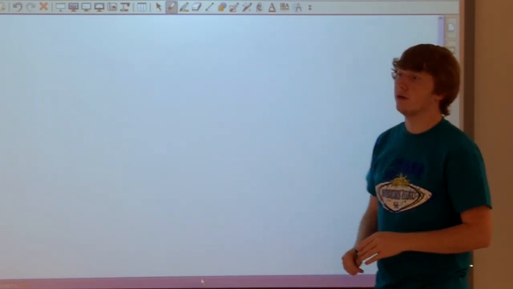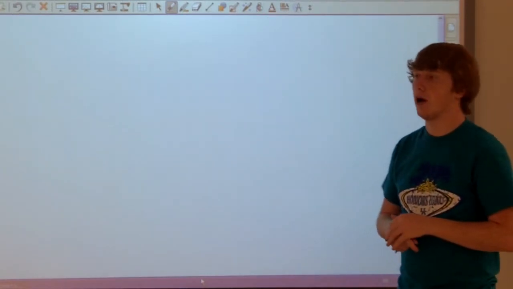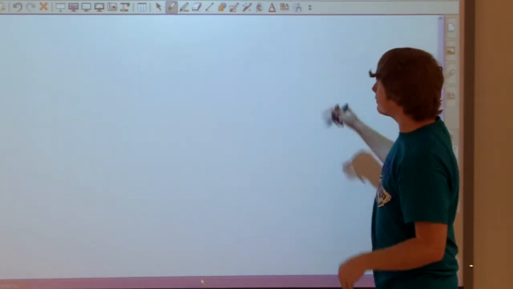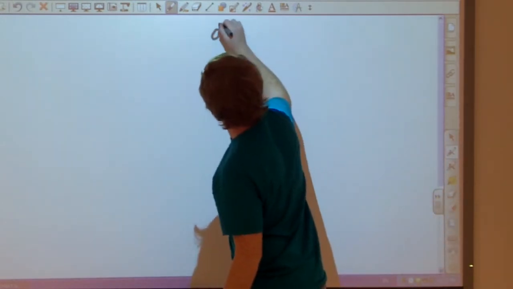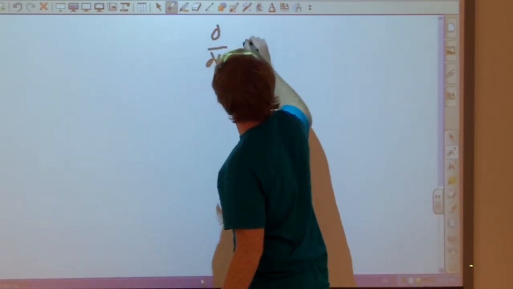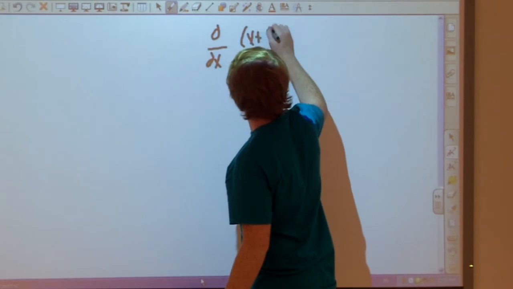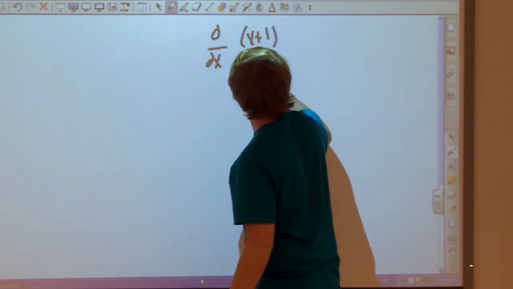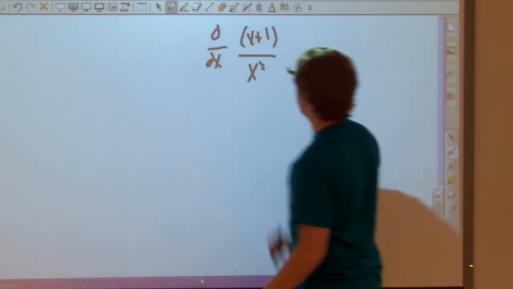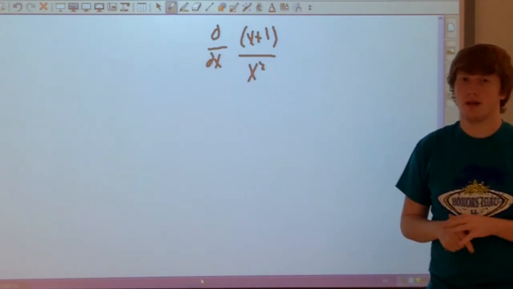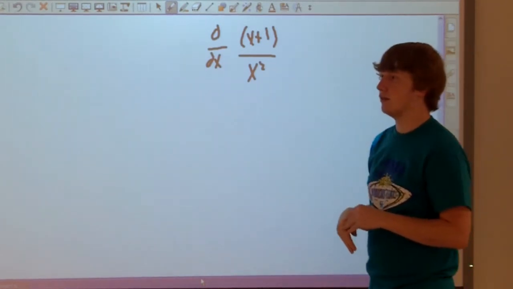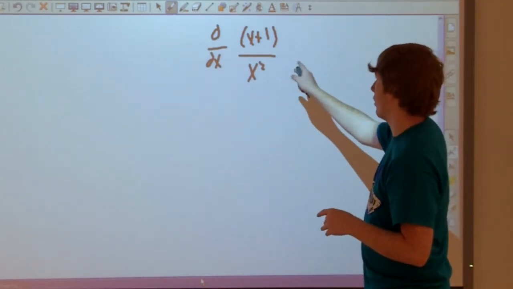Okay, so we're going to do one more example of using the product rule. If you want to take this derivative, d/dx of (x plus 1) over x squared. At first, it might look like you can't use the product rule to take this derivative, but we can rewrite this expression as a product.